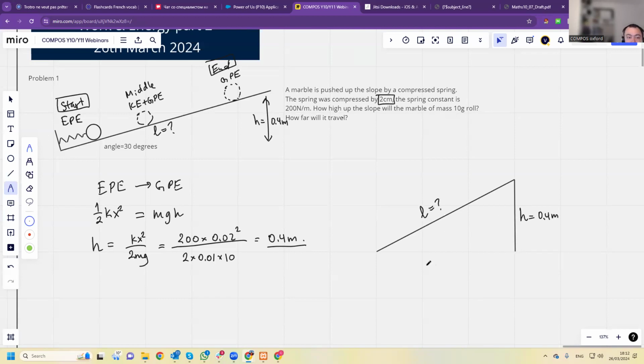L is, yeah, trigonometry, of course. You still need to use trigonometry. The angle is 30 degrees. So you can work out. Can you work out, please, L?